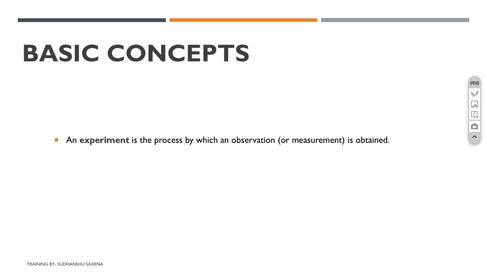Now what is that experiment? For example, my experiment could be that I want to find out how many cars there are in a particular city. Say there are 20,000 people staying in this city, how many families have a car?